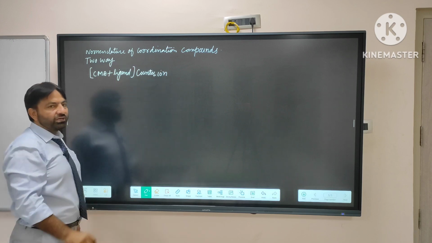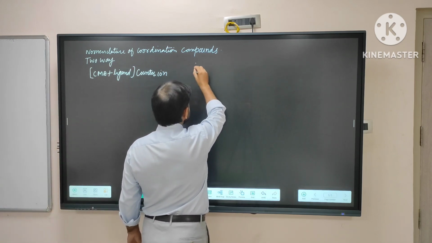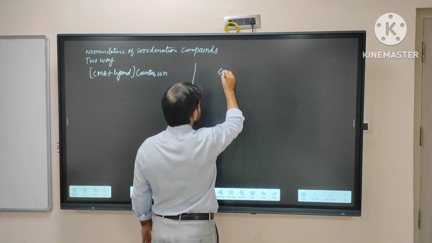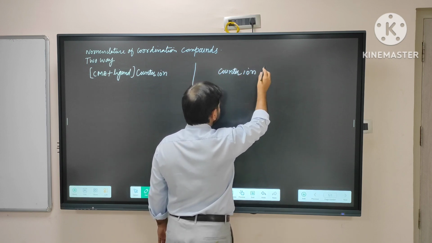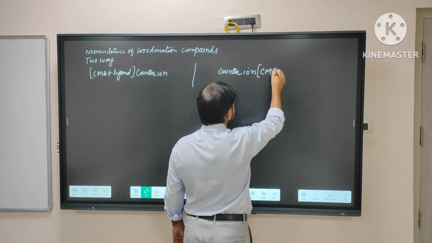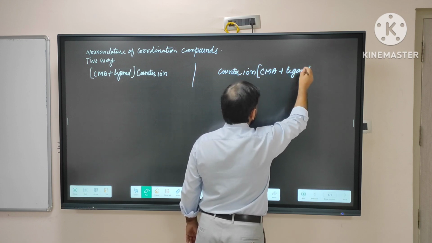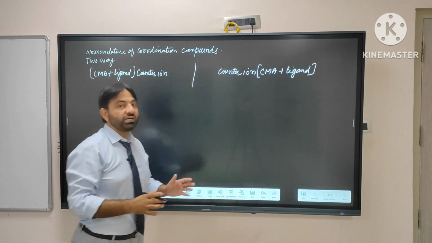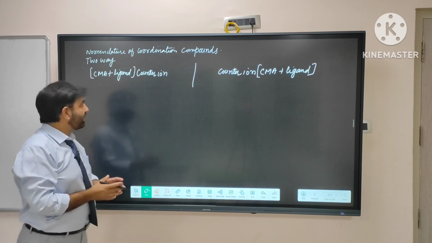So this is one way of writing coordination compounds. Another is like this: the counter ion is here, then the coordination sphere, central metallic atom plus ligand. So these are the two ways we represent coordination compounds.